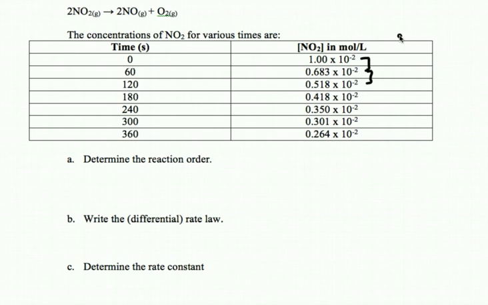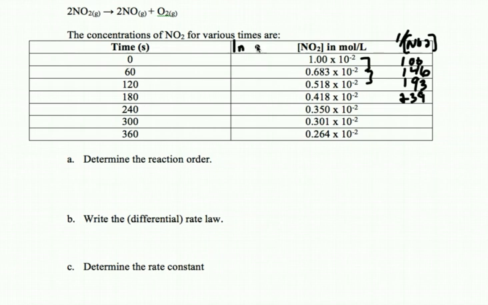Then I would do 1 over the concentration, so 1 over NO2. Now I just write out the first 3 for myself. So this is 100, this is 146, this is 193. All I'm doing is taking 1 over those values. This is 239. If 1 over the concentration versus time is a straight line, that's a second order reaction.